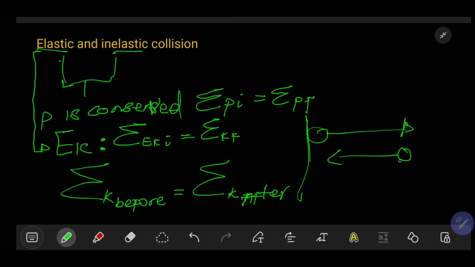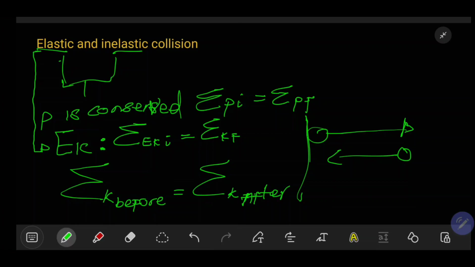So if the ball can bounce and come back to its initial position, then we can see that the kinetic energy of that ball is conserved. That means that collision is an elastic collision.